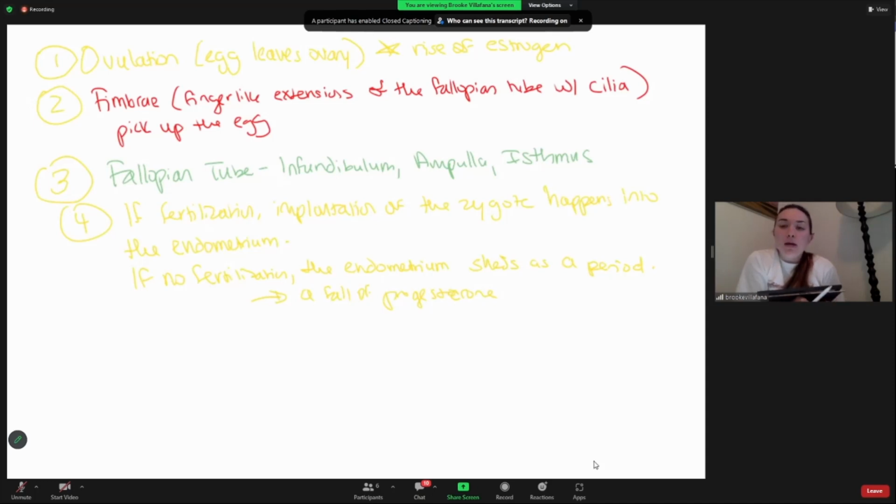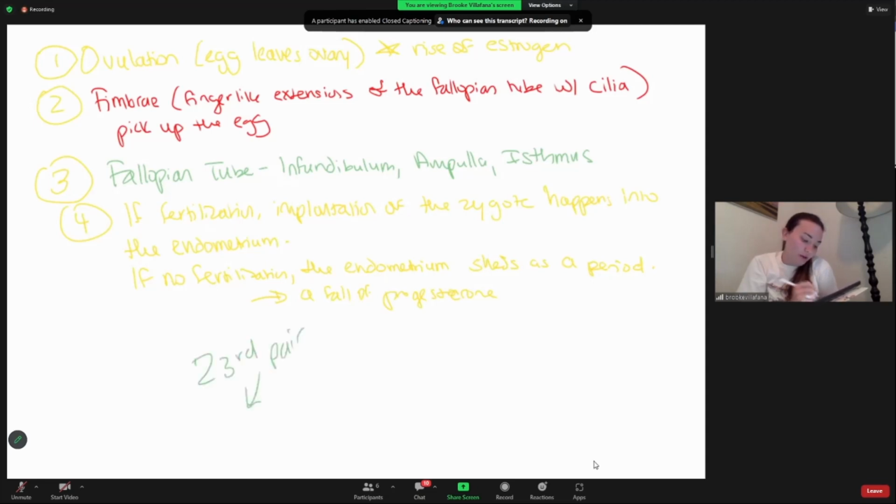So in females, all 23 pairs are identical, so both sides of the pair are identical from pair 1 all the way to pair 23. For males, the first 22 are identical or homologous, and the last pair is heterologous or different, and that's the XY.